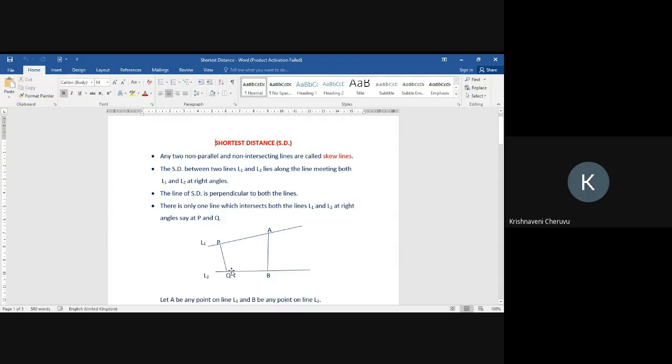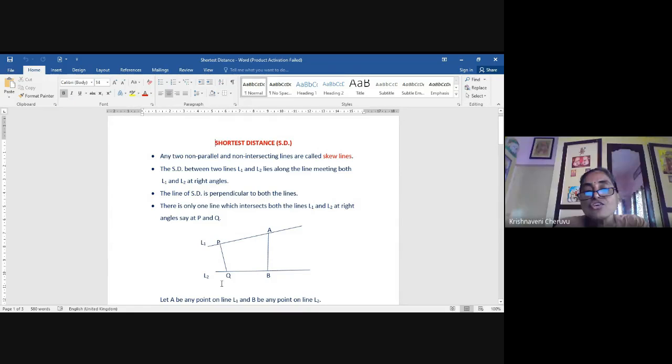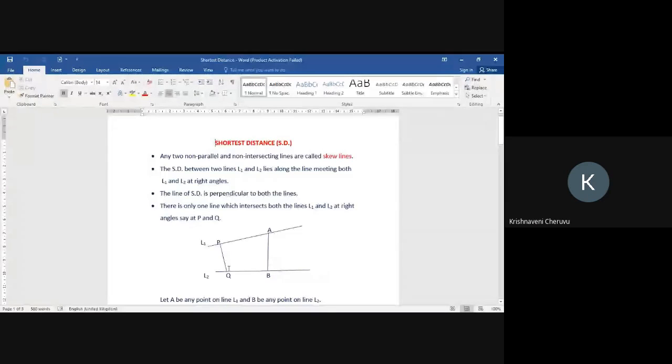The angle between PQ and L1 is 90 degrees, and the angle between PQ and L2 is 90 degrees. So the line PQ is perpendicular to L1 and perpendicular to L2 if the distance PQ is the shortest distance.